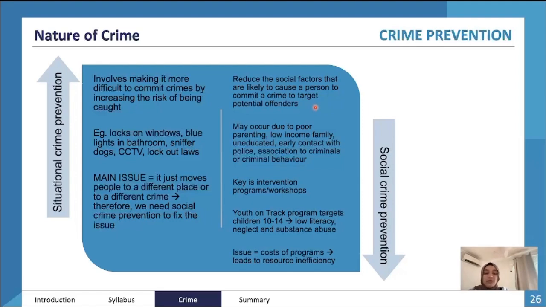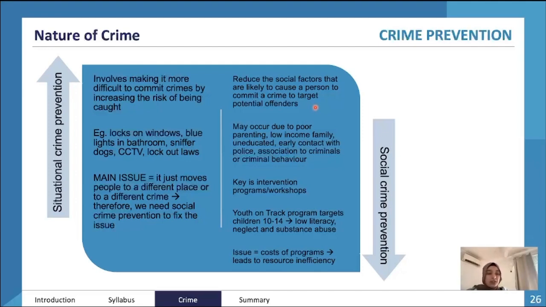For example, we've got a Youth on Track program which targets 10 to 14-year-olds with low literacy, neglect and substance abuse, so that they don't lead themselves to a life of crime, but rather are redirected towards a more appropriate way of living and able to avoid those problems and prevent crime, essentially.